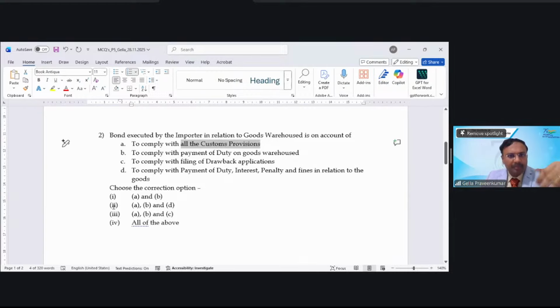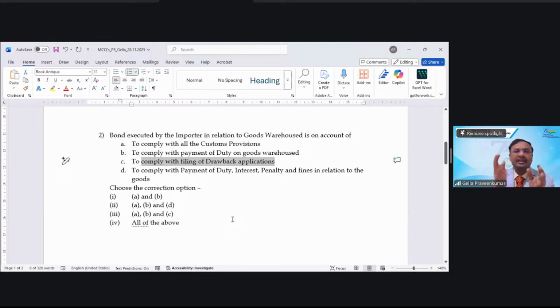Generally, for any person who is an importer or an exporter, this is an acceptable statement. Comply with payment of duty on goods warehoused. Whenever I execute a bond, there is an obligation. Obligation for what? I have to make the payment of customs duty as and when the duty has been fastened on me as an importer. Looks like a correct answer.